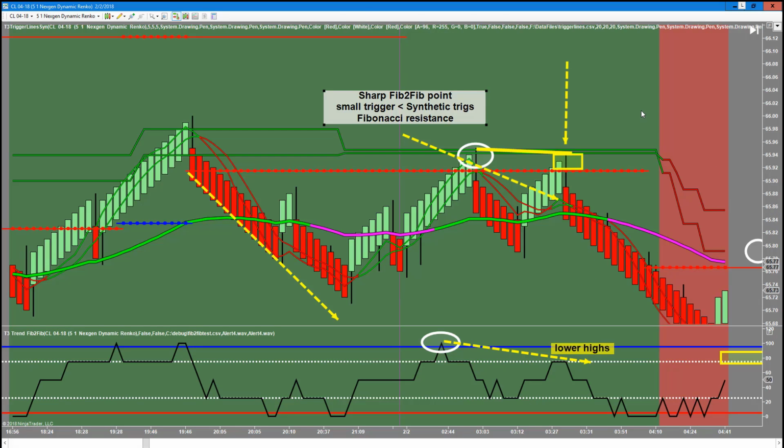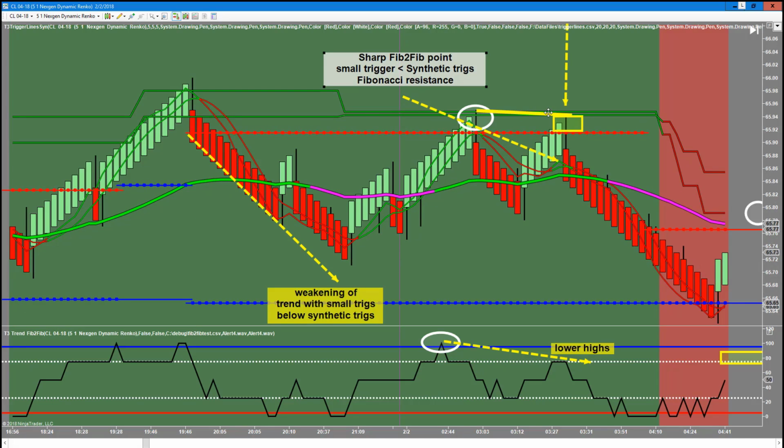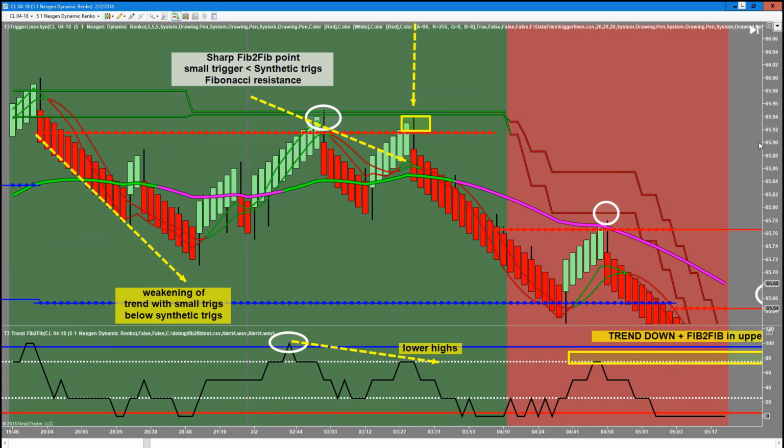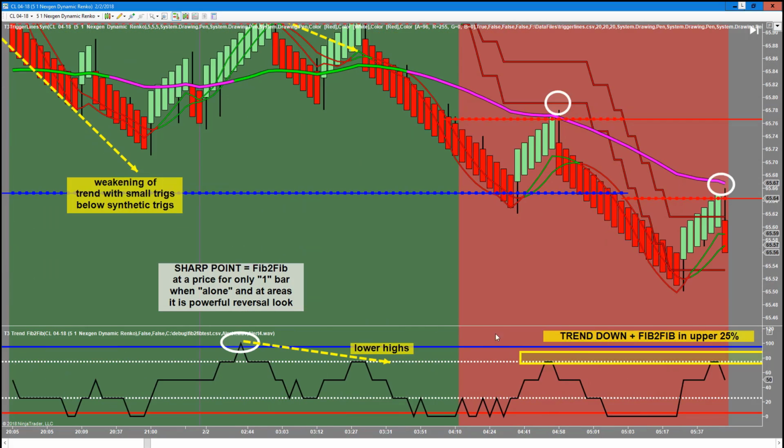Now again, starting off, you're going to probably start with trend trades and with the background color of the chart, which is fine. We're going to use the fib to fib oscillator in that scenario as well.